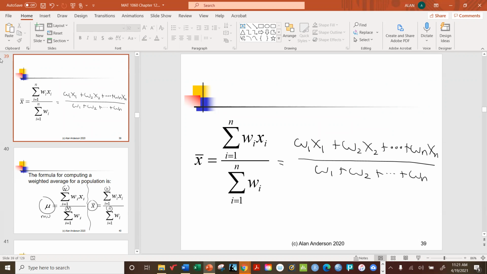Okay, so I just wanted to write it out for you more formally so you can see that the numerator means go through all the x's, multiply by their weights, and add them up. In the denominator, you're just adding up the weights.